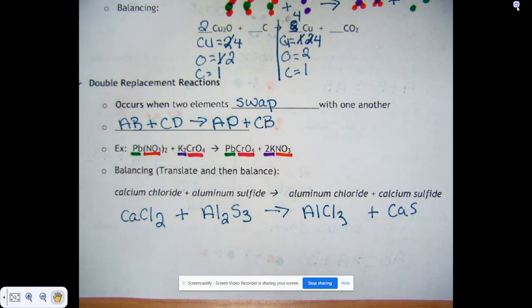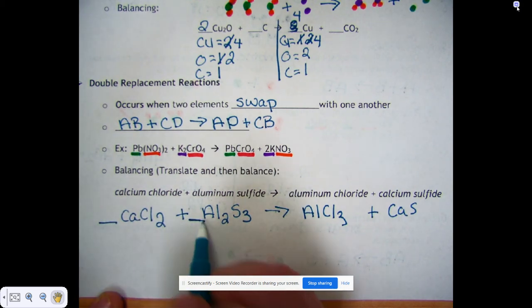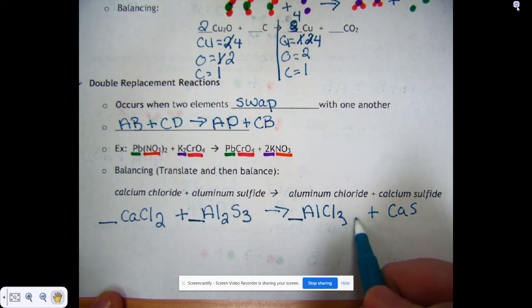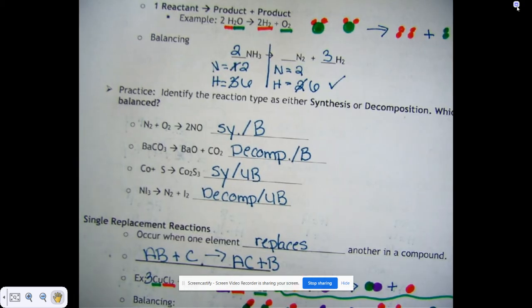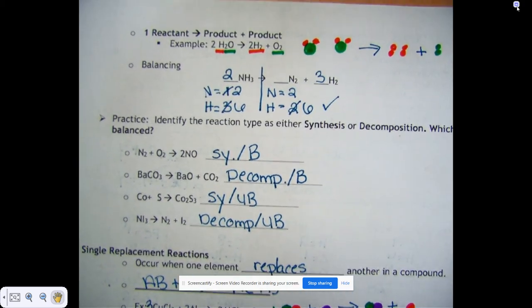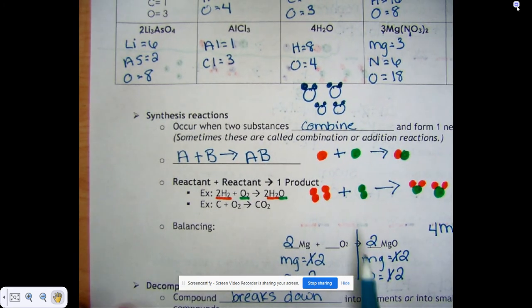Okay, now what we're going to do is we're going to balance this. And so when we balance this, I'm going to get you to draw the lines in between these things right here. Let me point one thing out to you. When we balanced our very first one all the way back over here, and we were balancing down here, and I put the 2 in front of the Mg, it did not go with the O, okay?